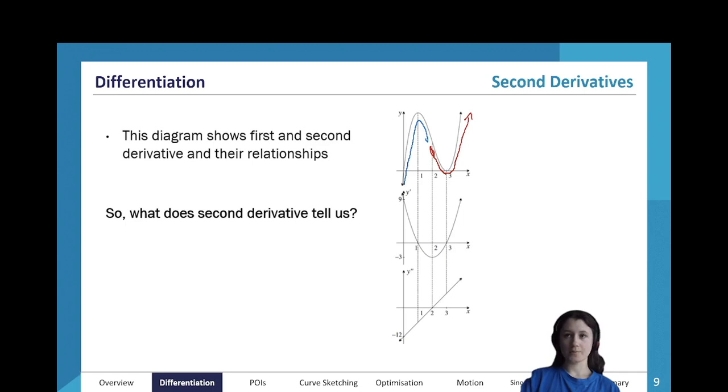All right? So on the blue part, the gradient itself is decreasing. In the red part, the gradient, sorry, I should rephrase that. Scratch that.